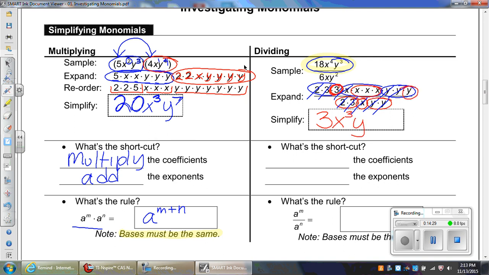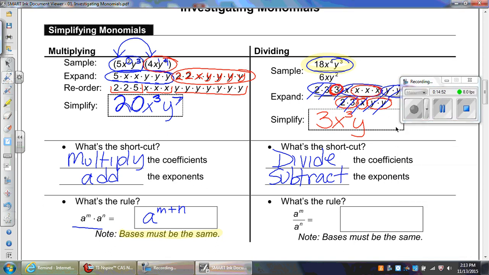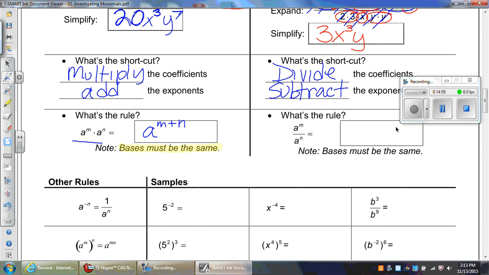So 3x to the 3rd power, and then y to the 1st power. And so, of course, let's go over the shortcut here. That shortcut will be that you divide the coefficients, and you subtract the exponents. And of course, we know that the rule for that will be a to the power m minus n. And again, the basis must be the same.